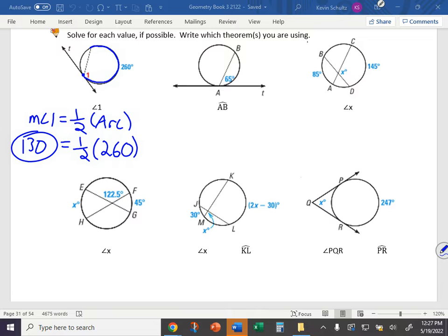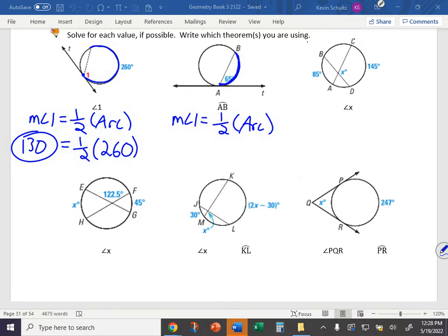The next one asks for arc AB. Arc AB is this distance here. Again, take a look at the picture. Where is your vertex? On the circle, inside the circle, outside the circle. It's on the circle, meaning it's that first theorem that we talked about there. The measure of angle 1 is half the measure of the arc.